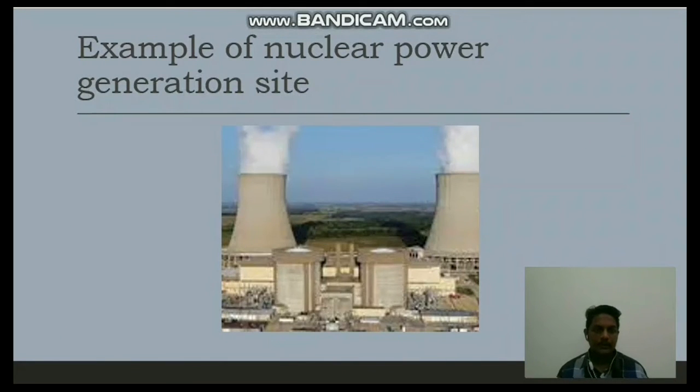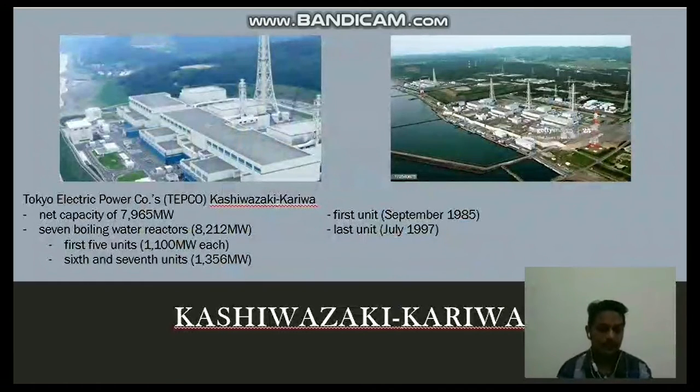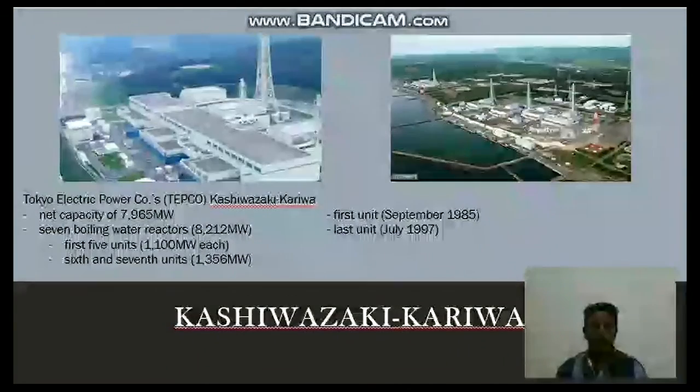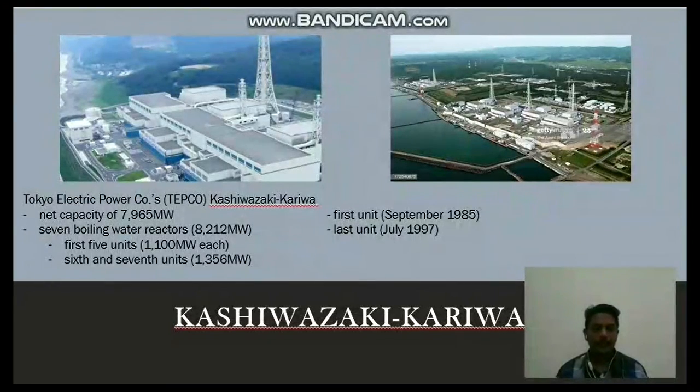This is an example of a nuclear power generation site: Tokyo Electric Power Corporation, TEPCO, Kashiwazaki-Kariwa, which is located in Japan, with a net capacity of 7,965 megawatts. Kashiwazaki-Kariwa has 7 boiling water reactors with a gross installed capacity of 8,212 megawatts.